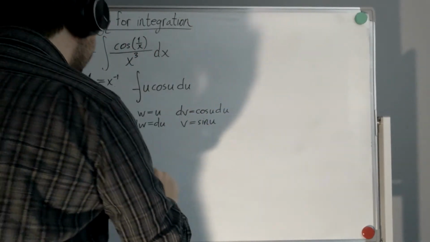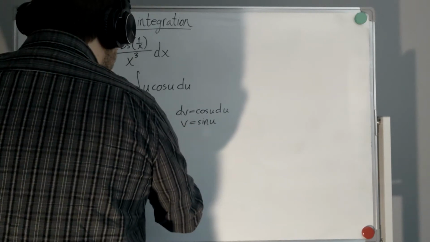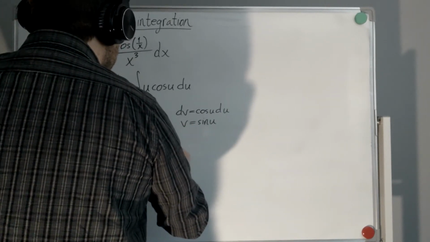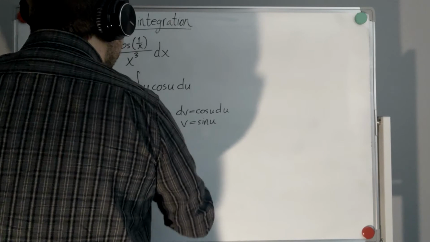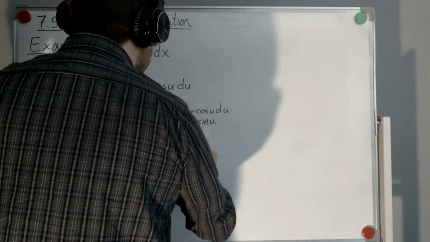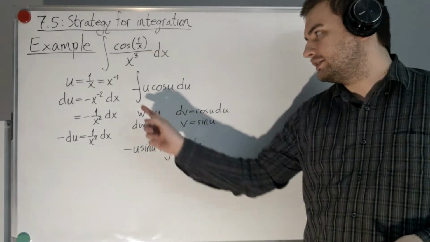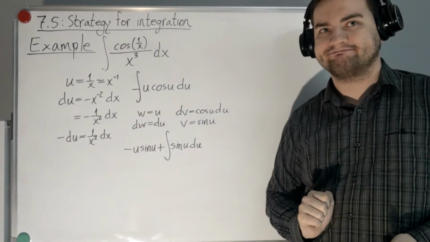This now becomes negative. Let's see, wv is going to be u sine u, and then plus the integral of v dw is going to be sine u du. And if you're wondering why this is plus and not minus, it's because I distributed this minus sign.